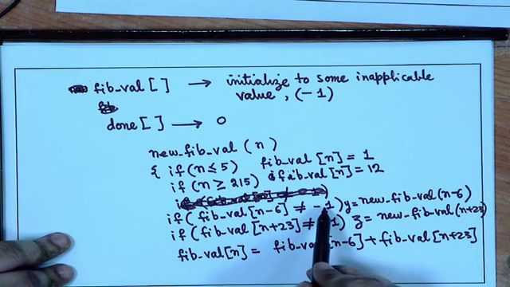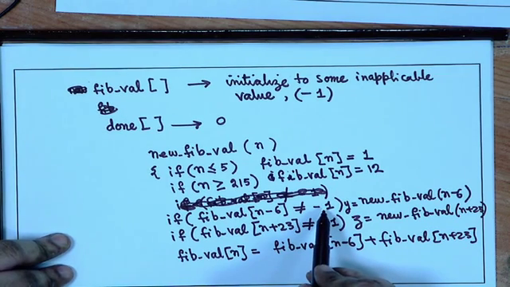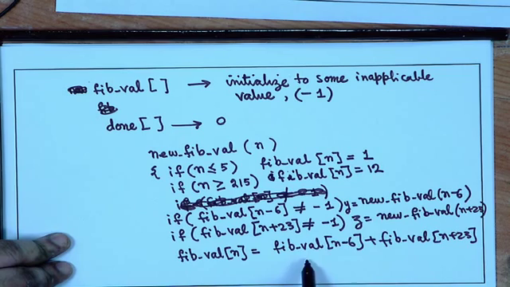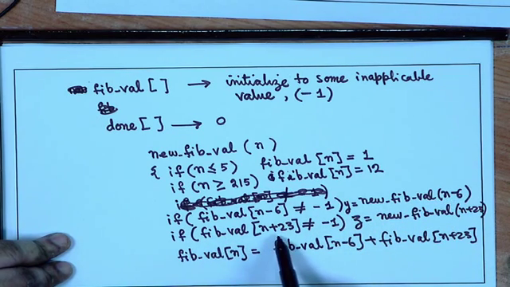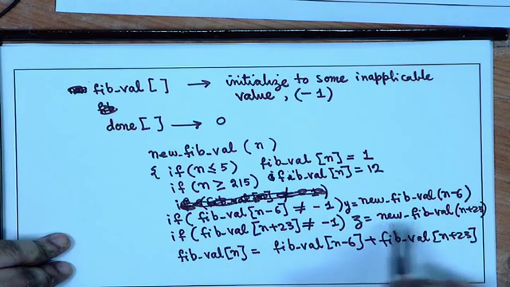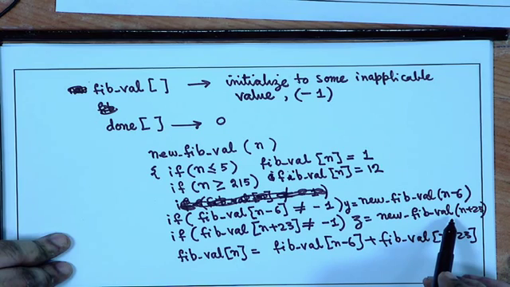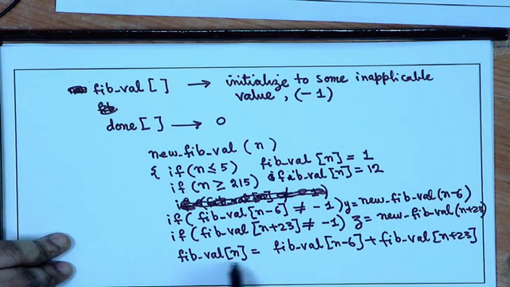If this value is not minus 1, which means the value has been computed already, then we will use that value, we will not call the recursion. If it is not computed, then we will compute it. And during the computation, we will assign the value of this and we will return.